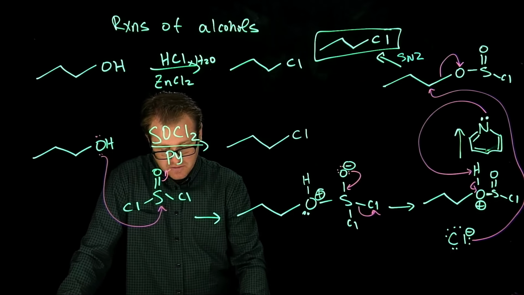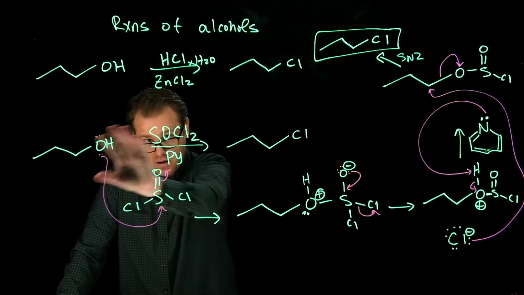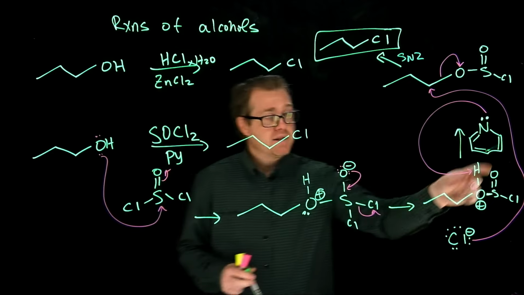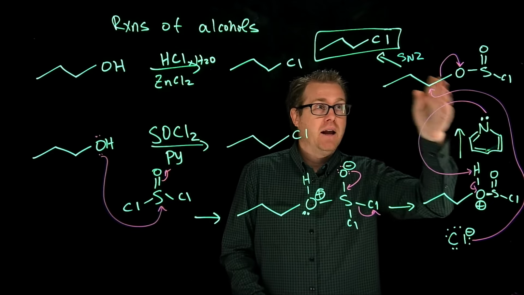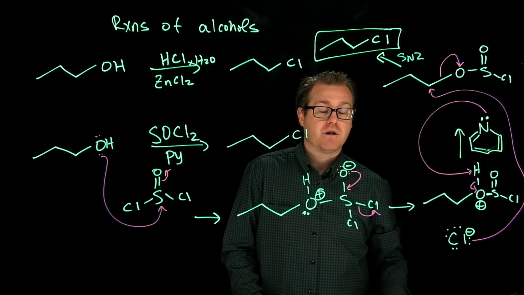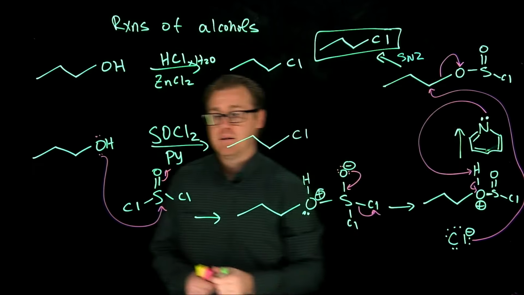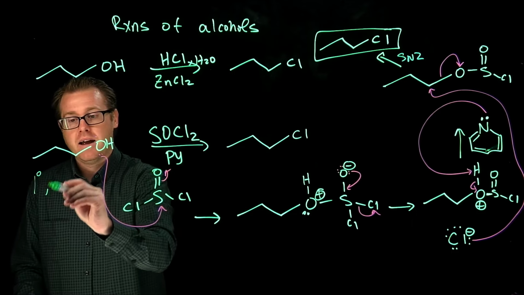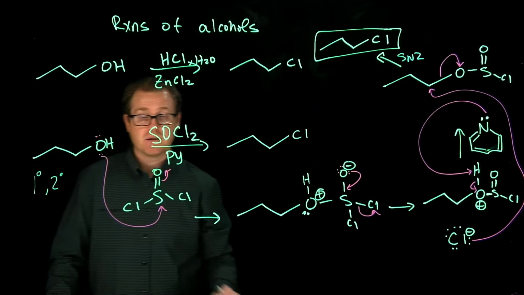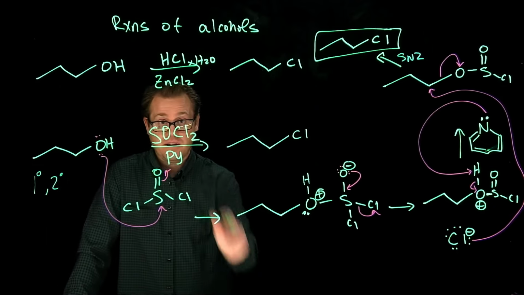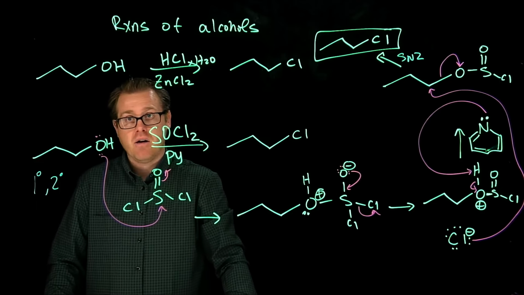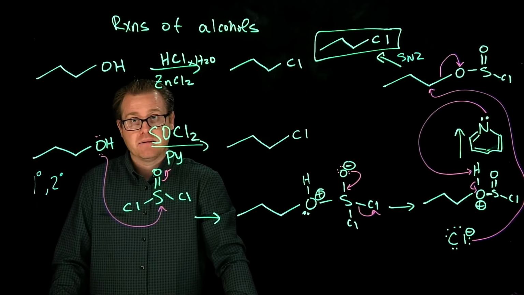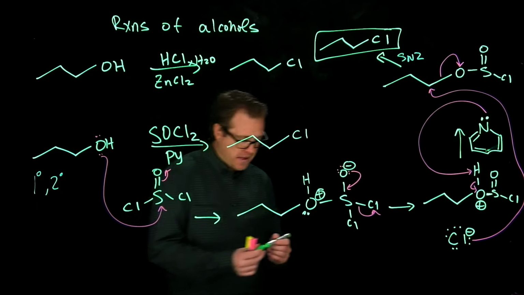Now this reaction right here is another key point to remember, because based off of the mechanism, it's doing an SN2 attack. So that means this reaction can only work with primary and secondary alcohols. If you try to do this reaction with the tertiary alcohol, it would not work because it can't do backside attack.